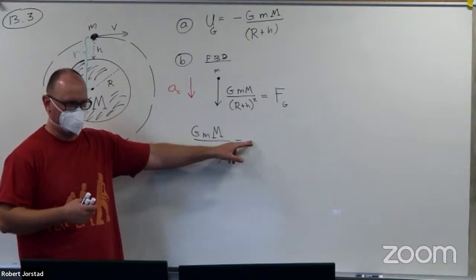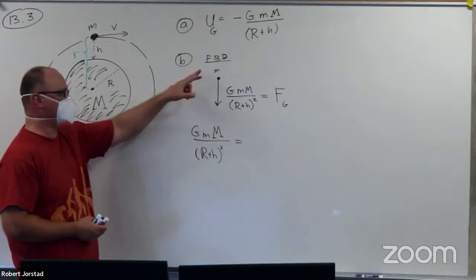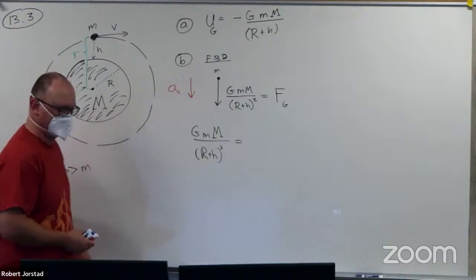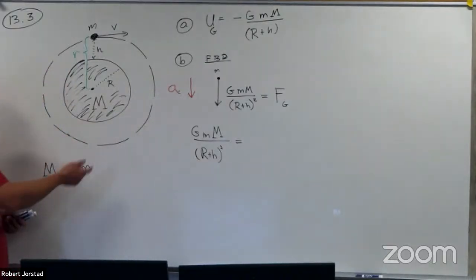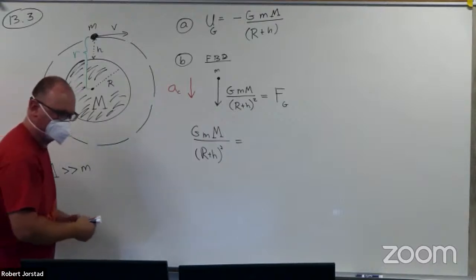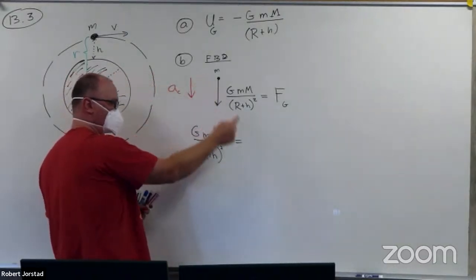Little m. Why? Because big M is not affected. We're talking about the forces on little m, so it's little m a. You could do the same math on big M, but because big M is so huge, its acceleration would be negligible. So it's whichever mass you drew an FBD for that goes right here.